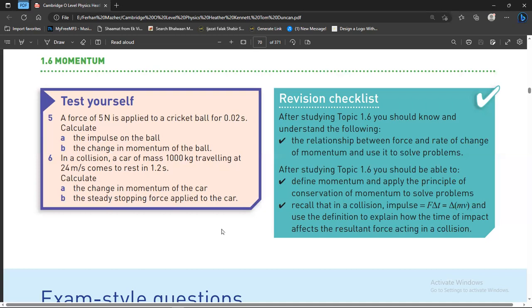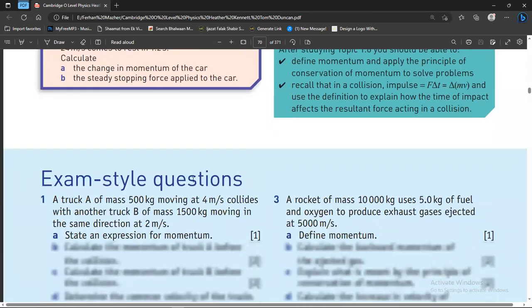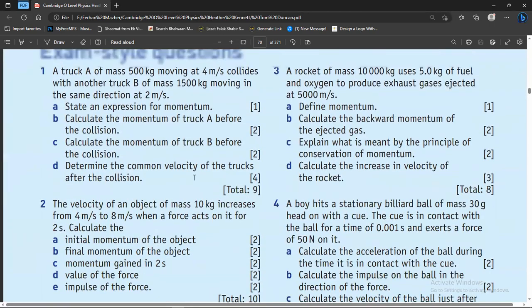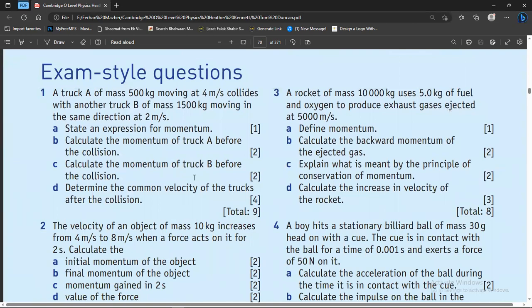Recall that in a collision, impulse is equal to force multiplied by delta t, and that is equal to the change in momentum, and use the definition to explain how the time of impact affects the resultant force acting in a collision. So here we have exam style questions.